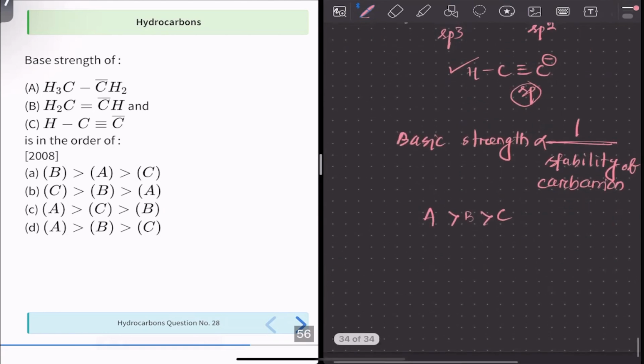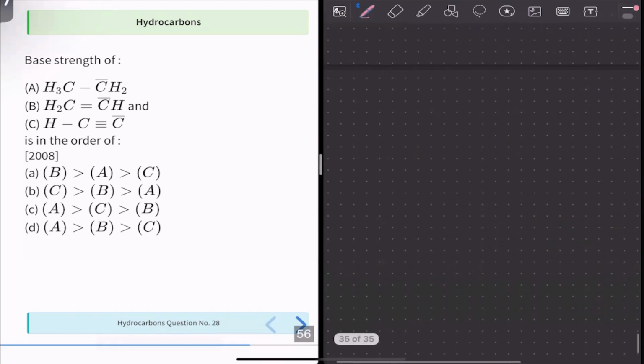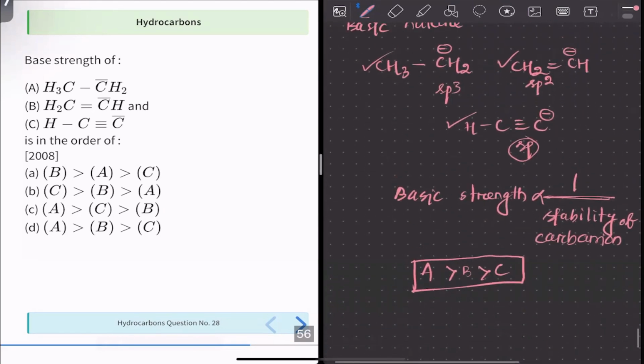You can go by an alternative method also. These are the conjugate bases of some compounds, right? We'll add H, and this will become the parent acid. We know the stronger a parent acid, the weaker will be its conjugate base.